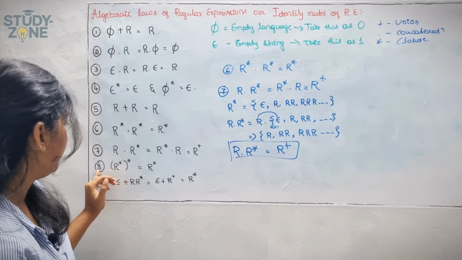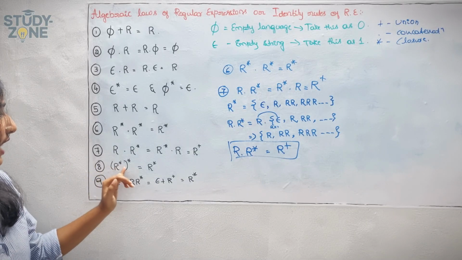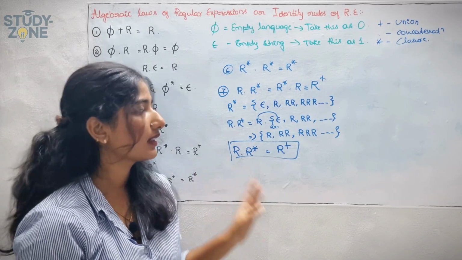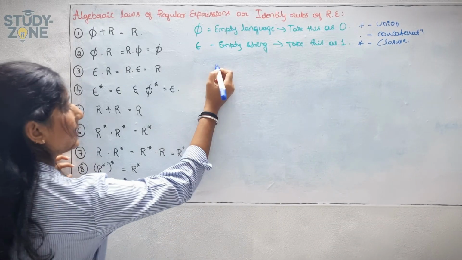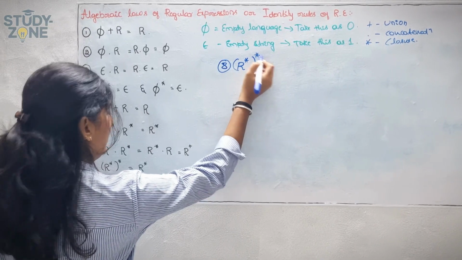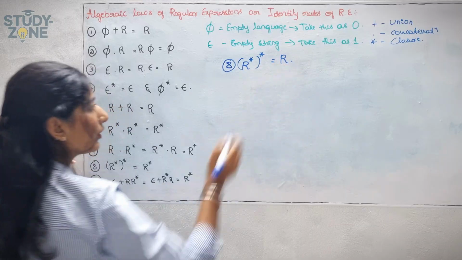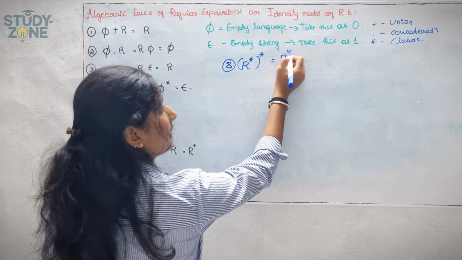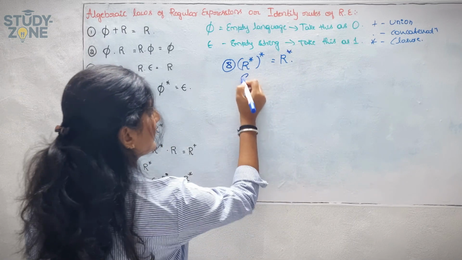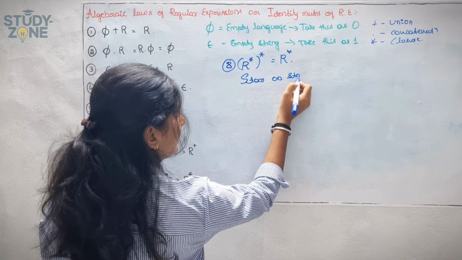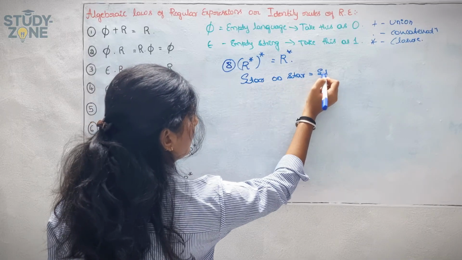Okay. Now you have the eighth one, that is R star whole star equals R star. Right. We have the eighth one as R star whole star equals R star only. Remember this as star on star will be star only.